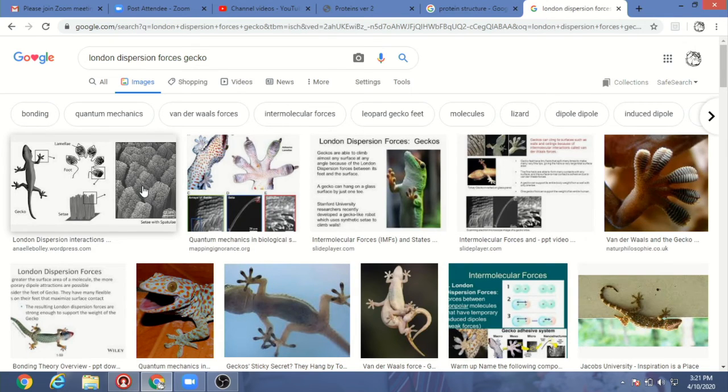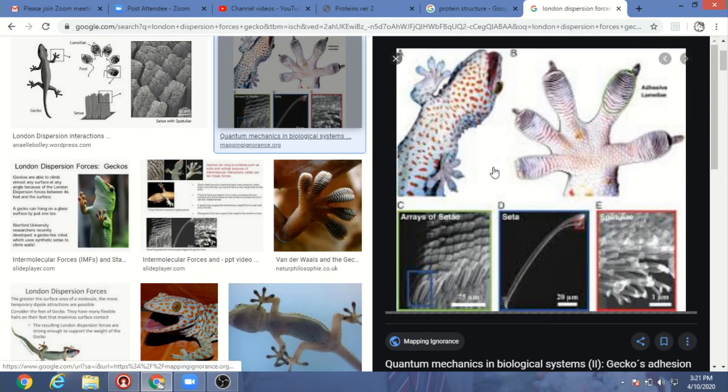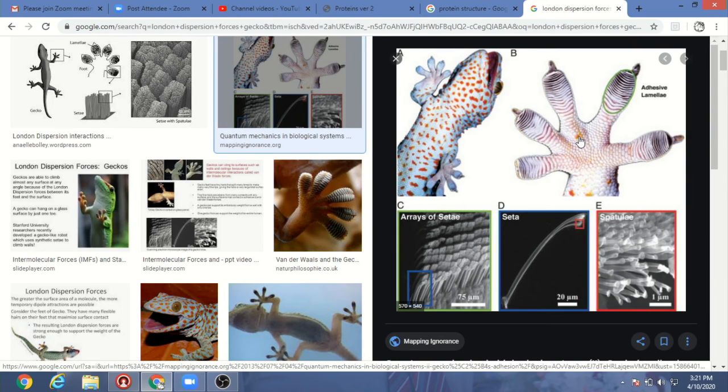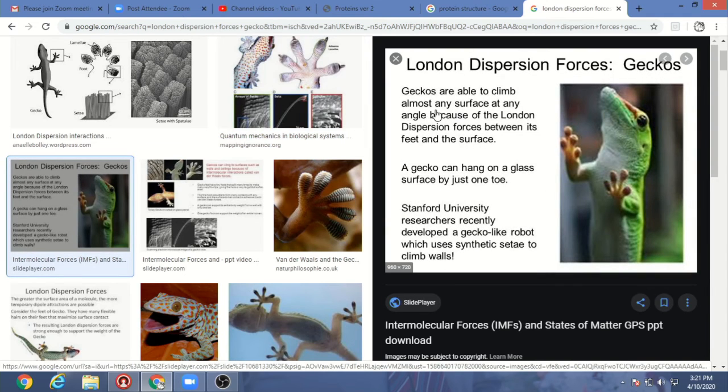If you look at it under a microscope, you'll see all these little tentacles, and that creates so much surface area that you end up with an attraction. It's sort of an adhesive attraction, but it's not from electrical charges like positive and negative. It's just the fact that you have all this surface that's going to be attracted to the next surface. They're able to climb any surface due to those London dispersion forces between the feet and the surface.